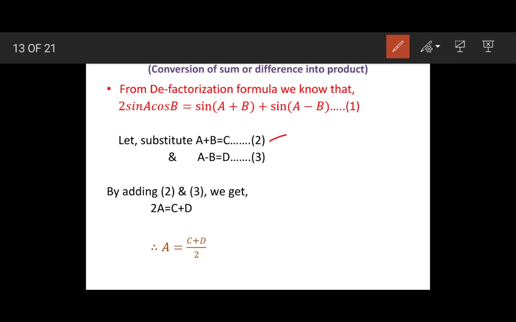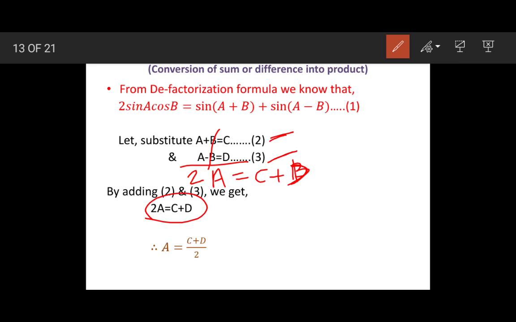See, a plus b is equal to c, and a minus b is equal to d. These are two equations. By adding equations 2 and 3, what will I get? b minus b cancel, so 2a is equal to c plus d.